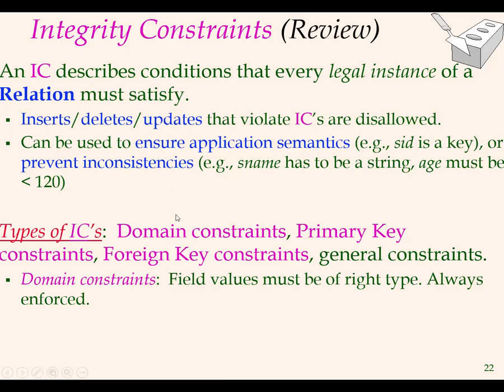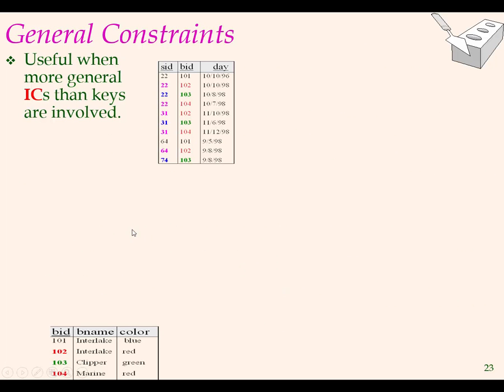The values that you put in there have to match the type, and that's pretty good. Then primary key constraints and foreign key constraints. Primary key: if you have a relation, all the tuples have to have a different primary key. Foreign key constraint: when you have the children pointing to the parent in another table. So domain is pretty easy to actually enforce by the DBMS.